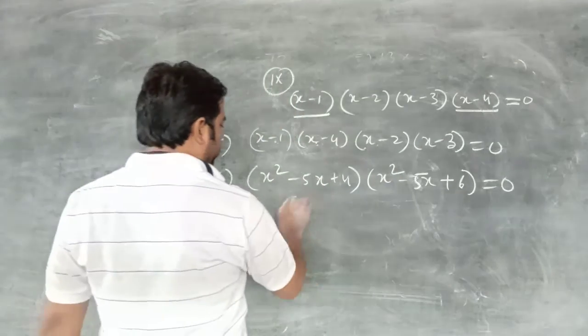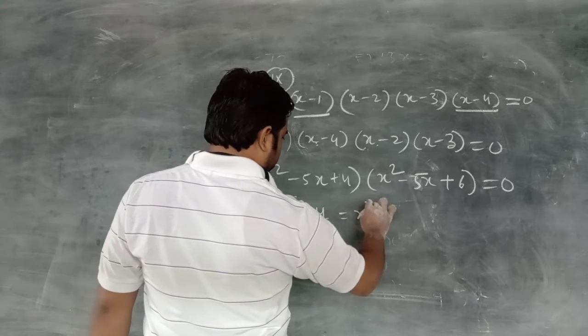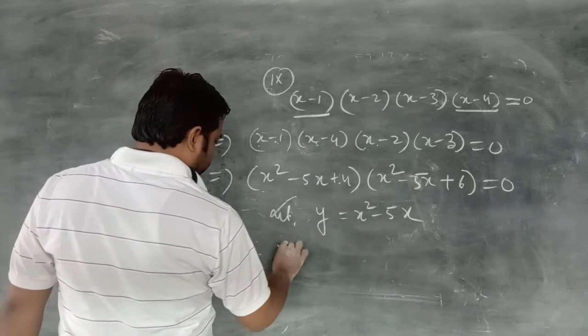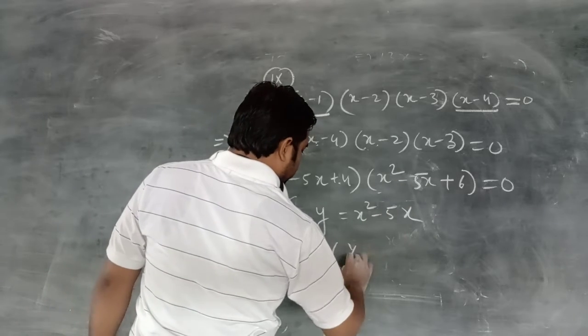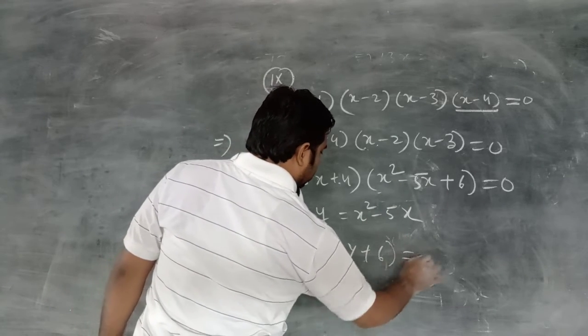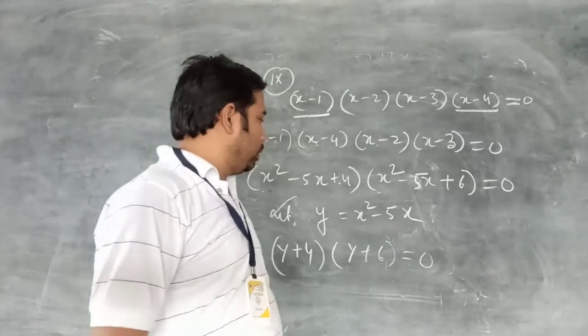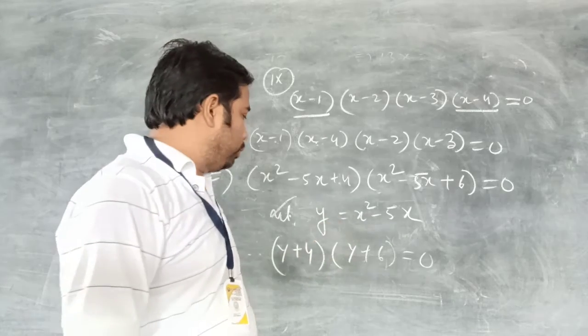Let y equal x square minus 5x. If we put it here, this is y plus 4 times y plus 6 equal to the right hand side.